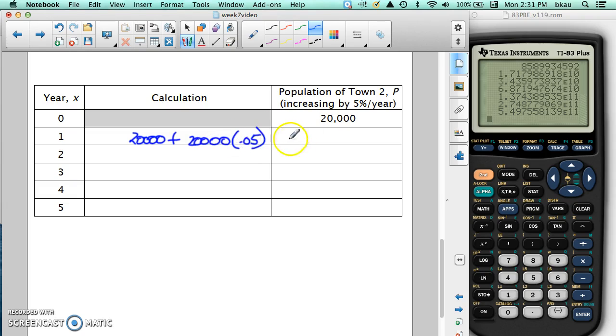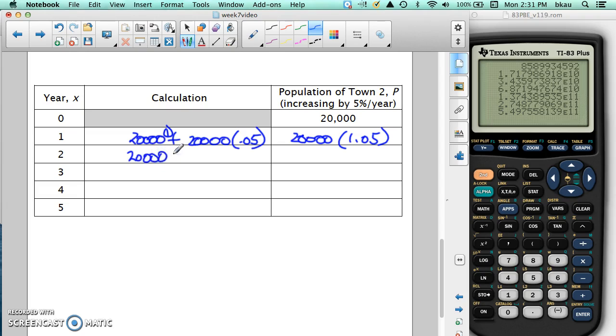All right, so that's going to be 20,000. I think of it as 20,000 times 1.05 because you got a 1 here, and you can factor out the 20,000 and get 20,000 and 1 plus 0.05 here. We're growing by 5%, but we have to have the 100% of the thing also included.